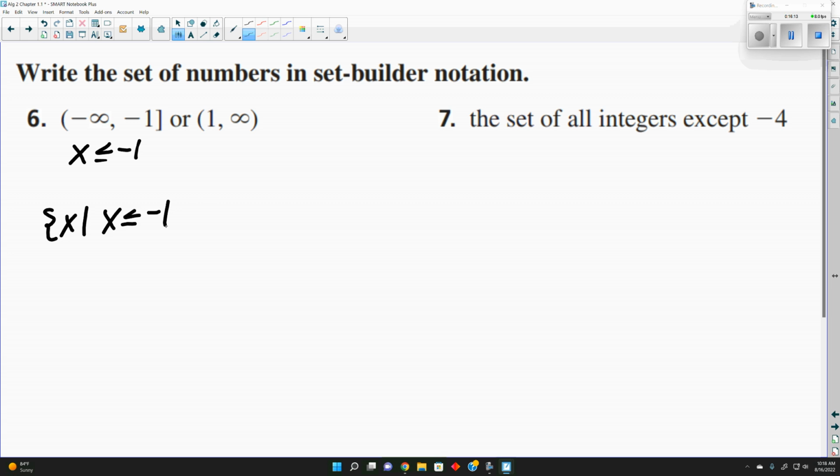Or, we need the other half, 1 to infinity. So we're talking about what? All the numbers that are bigger than 1. So x would have to be greater than 1. Now we know we don't need the equal sign for the greater than 1 because, again, we have 2 parentheses. Yes, sir?